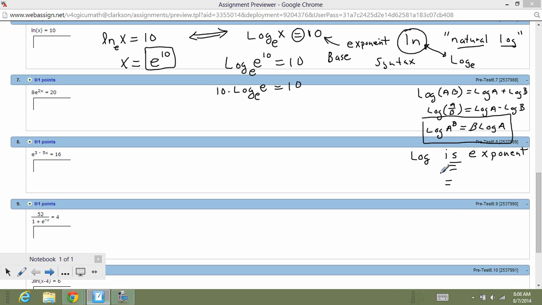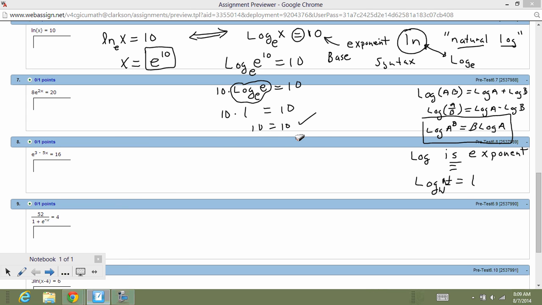Log n base n is equal to what number? Of course, that's a 1. So this expression right here is a 1. And 10 times 1 equals 10. And so that checks. So the answer to exercise number 6 is e to the 10th power. You can just leave it like that.